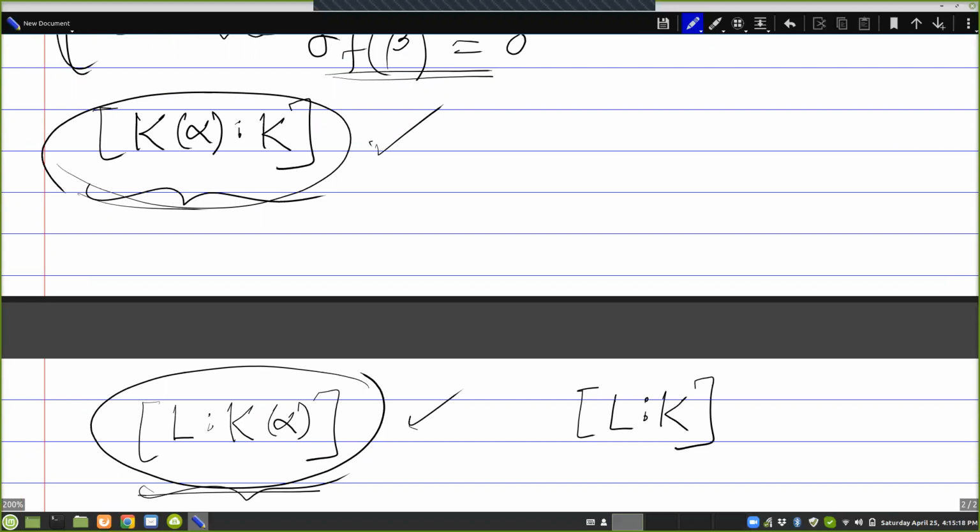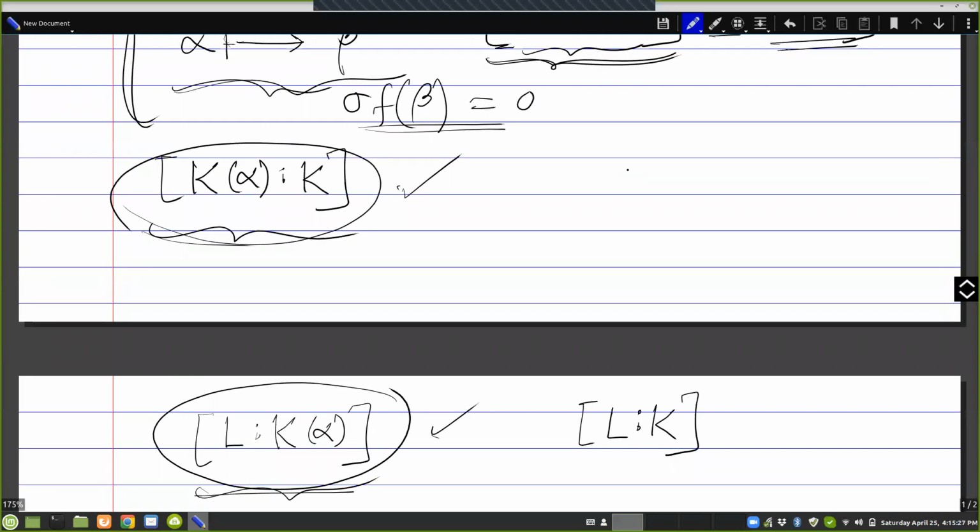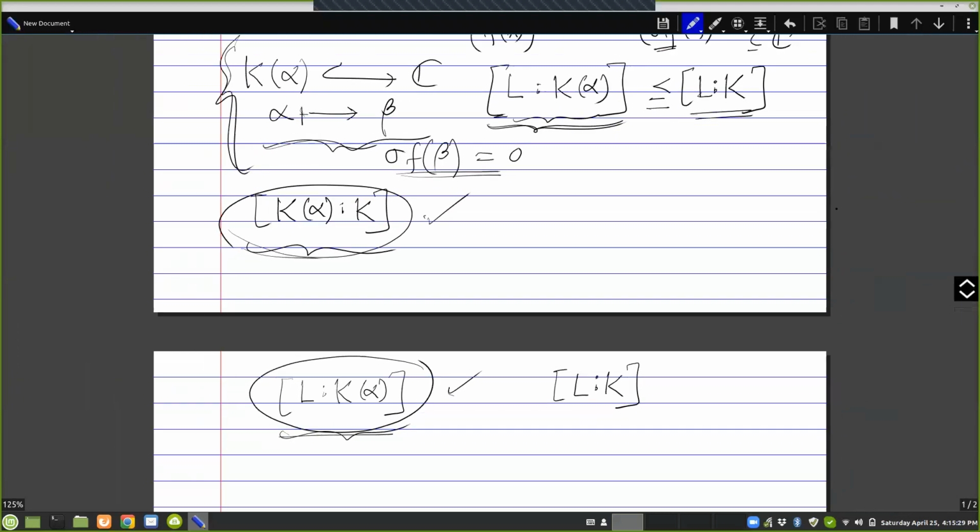And now I just leave you to check. It's a straightforward verification that these are all extensions of sigma. I will just quickly say a line because I'm running short of time.